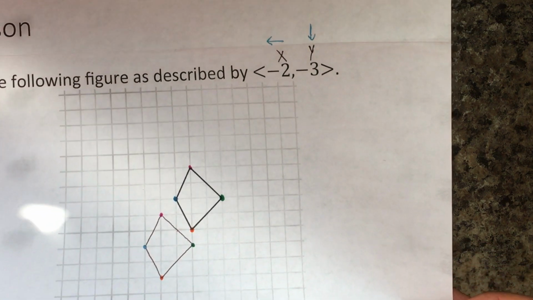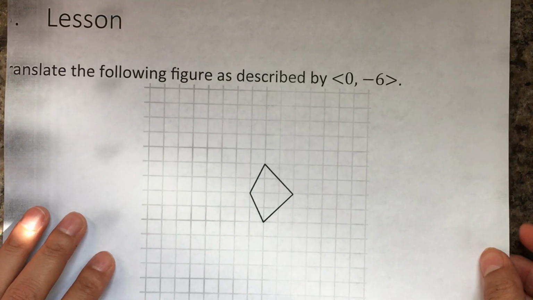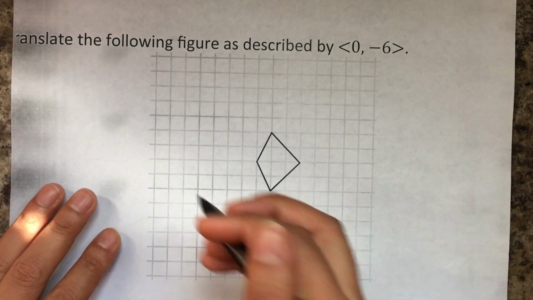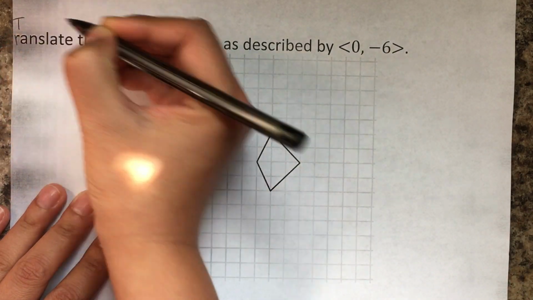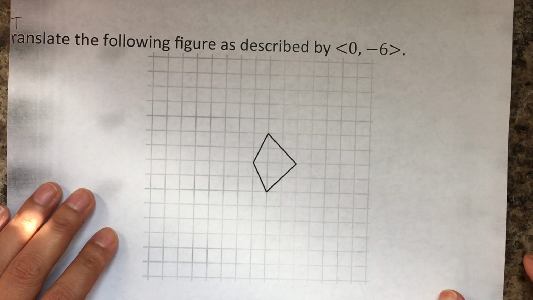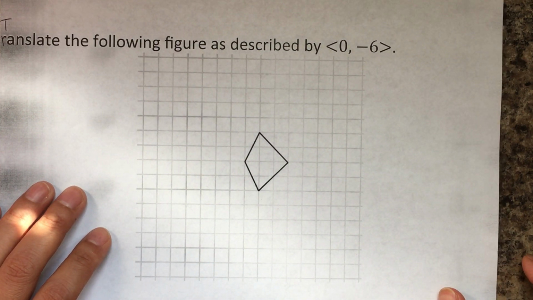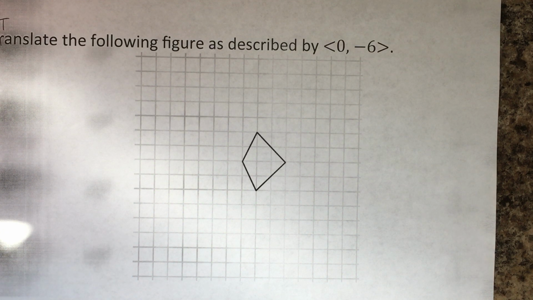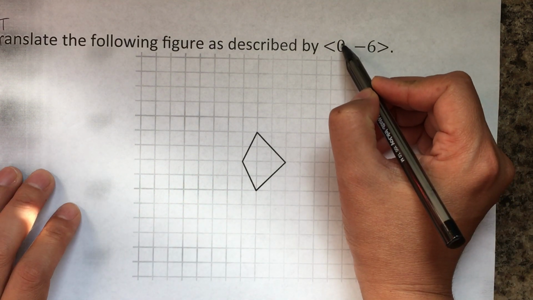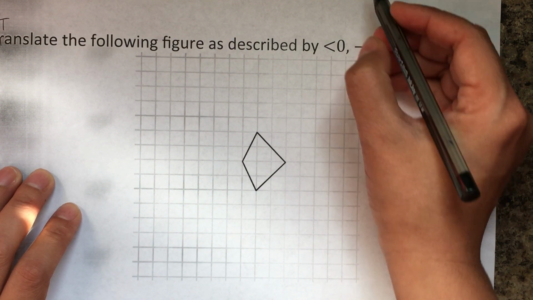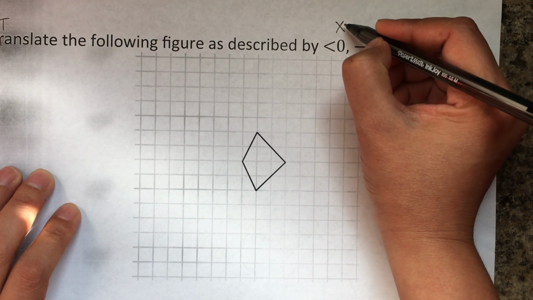Okay, let's try another one. So now it says, translate the following figure as described by 0, -6. So what this means is that because you're moving 0 spaces, on X you don't move at all.